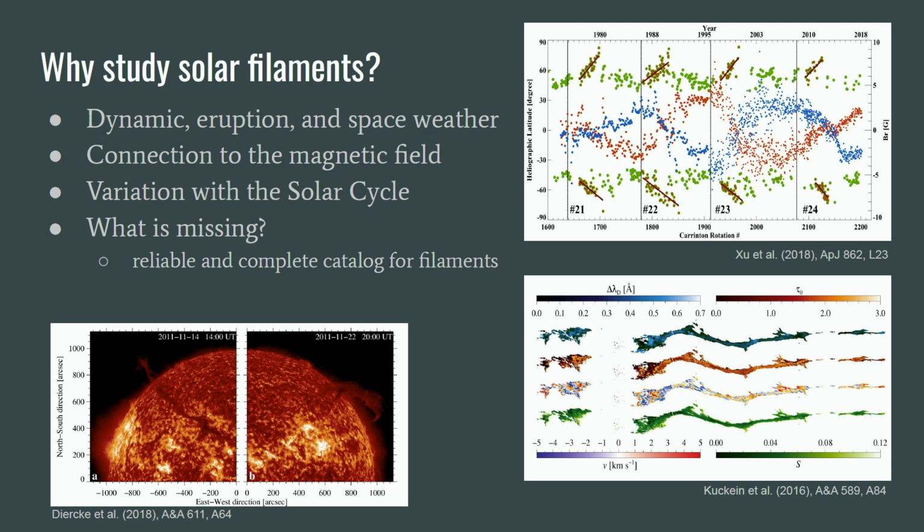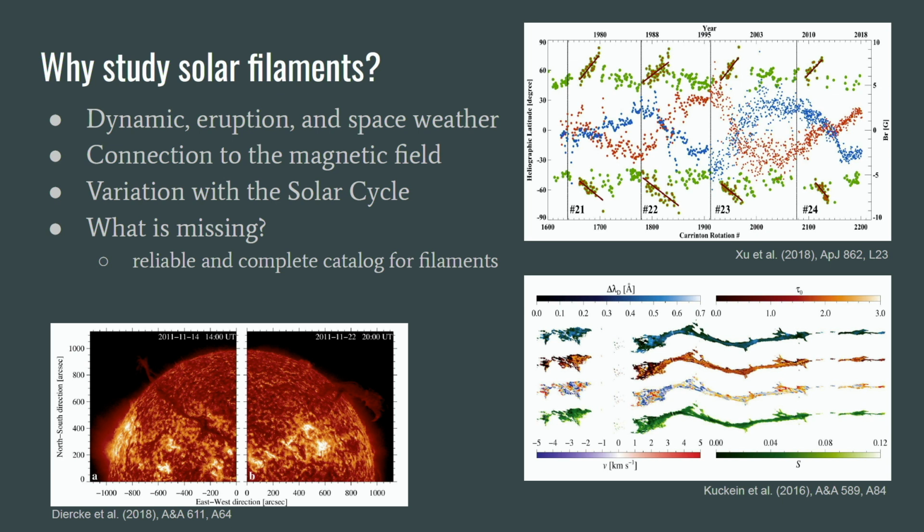For active region filaments, which form close by in active regions, it's obvious they are following the sunspot cycle also, but there are also polar crown filaments, which form at the border between the unipolar field at the poles, and there's also a cycle which is a little bit offset to the normal sunspot cycle.